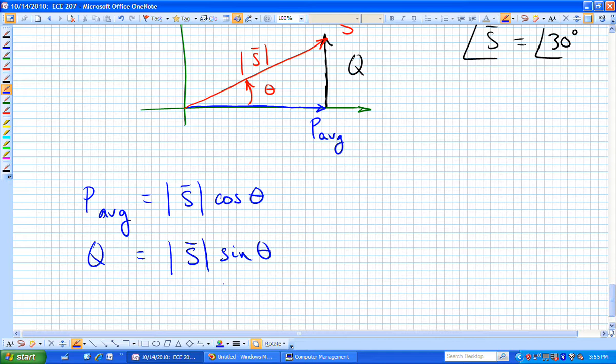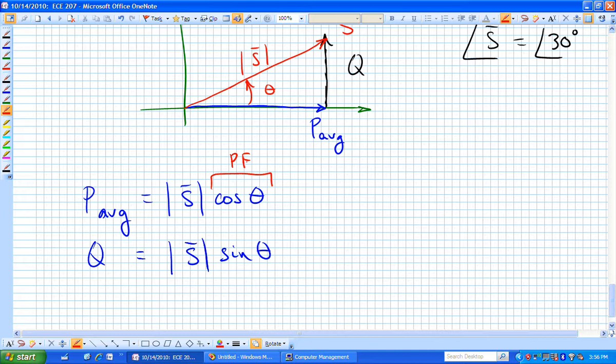Where does the power factor come in on this triangle? It's the cosine of theta, meaning the power factor is defined to be the cosine of theta, which means that it's this piece right there, meaning it scales the apparent power in a way to give you your real power.